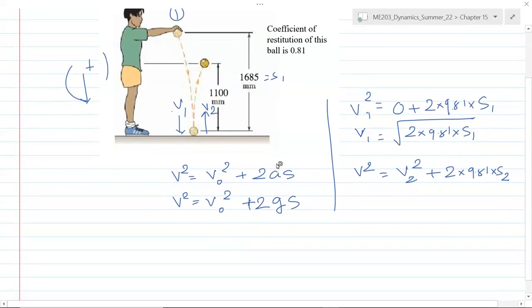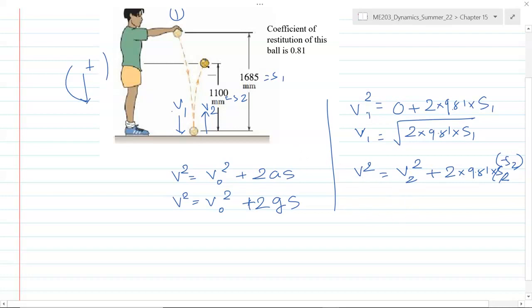Again, we assume that gravitational attraction is positive because it's going down. For this problem, because the s2 displacement is in the upward direction, that term will be negative. So when we substitute into this formula, we should write s2 as minus s2 because the ball goes up and down is positive.